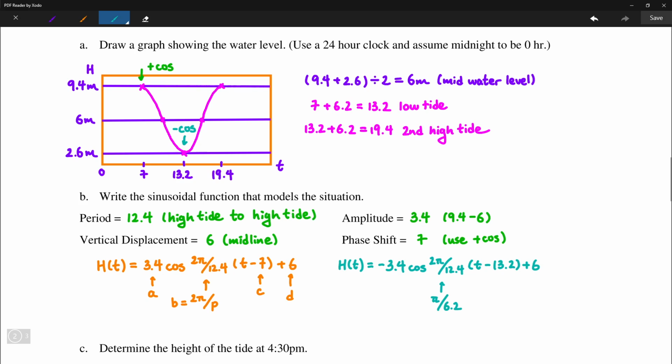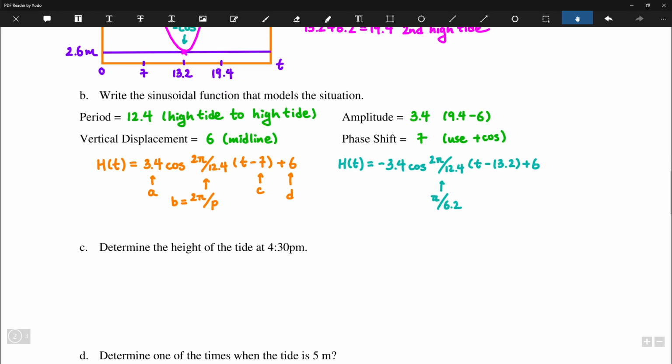Okay, so the next part, it says determine the height of the tide at 4:30 p.m. So the first thing is we wrote time in terms of decimals. So for example, we didn't say hours and minutes. We said 13.2 hours or 19.4 hours. So in order to use this function, we have to rewrite the time 4:30 p.m. as a decimal time.